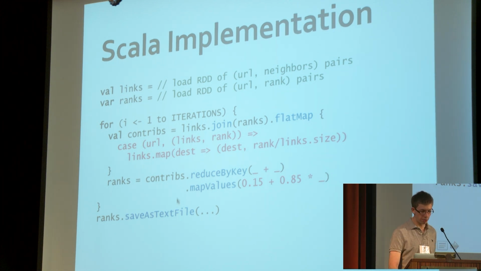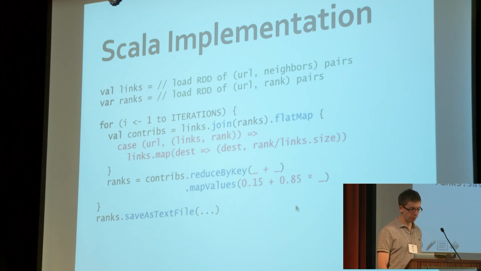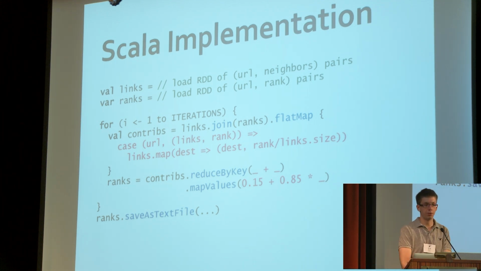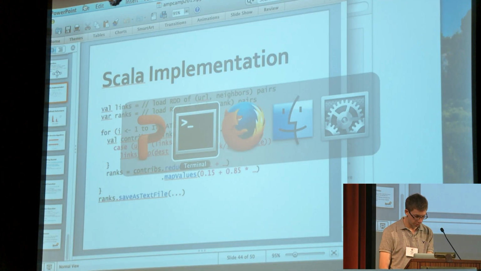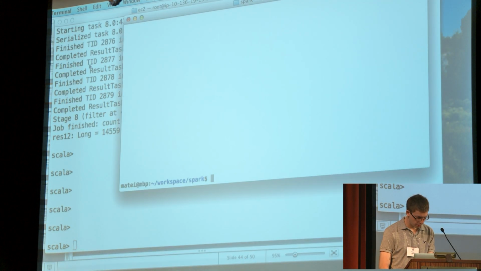Finally, we add up the contributions by key using reduce, and we map the values using the formula to get the new ranks. We just run a bunch of these iterations, and at the end, maybe we want to save the output to a file. So that's what it looks like. I'll also show you real quick what the actual Scala code is like. Let's see.